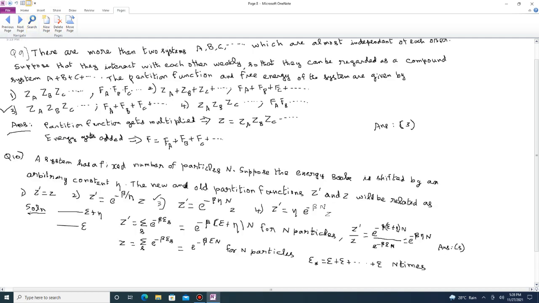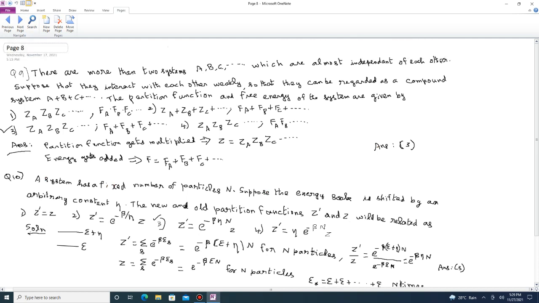The next question is question number 9. There are more than two systems A, B, C and so on, which are almost independent of each other.